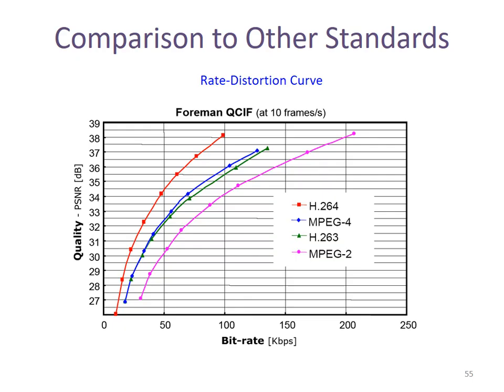In addition, you can also draw a horizontal line here. At the same PSNR, which one uses less bit rate? If we consider 33 here, you can see for H.264, the bit rate is about 48, but for MPEG-2, the bit rate is 40.